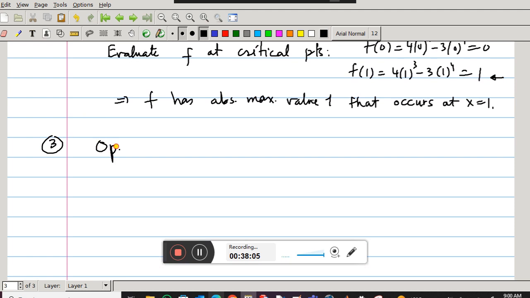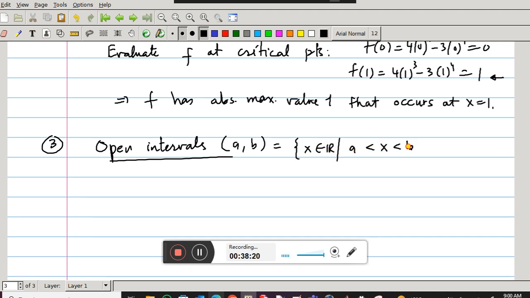If you have open intervals (a, b), where a and b are not included, that is all x values of real numbers such that x is between a and b. Equal is not included, means my a and b are not included.